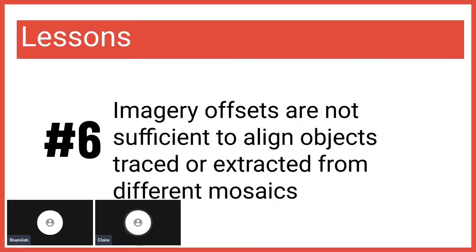On this subject of imagery offsets, we are used to requesting mappers who are working in areas where all objects seem to be shifted compared to the imagery to first start by offsetting the imagery that they want to use and aligning it with the existing objects.